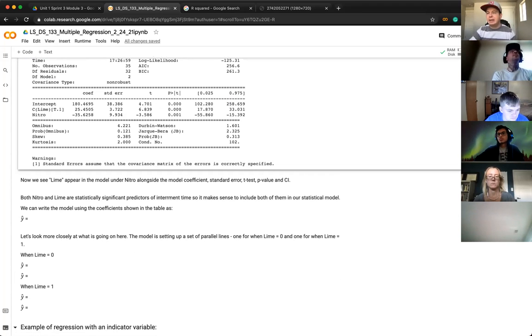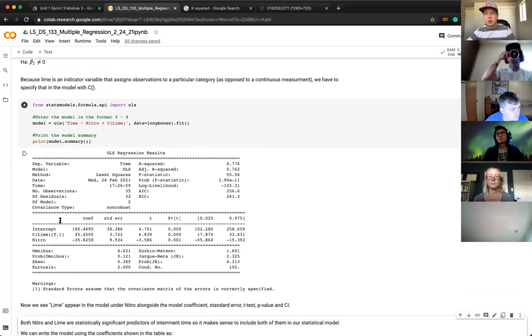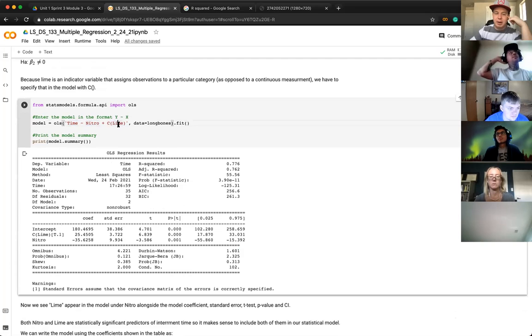So let's write out our model here. Okay. But one thing I want to mention that might get a little bit tricky, and something I want you to watch for on your assignment, is we included these variables in the order time, nitro, and then lime. But down here below, we have intercept, lime, nitro, right? They're not necessarily in the model summary in the same order that we provided them in the string up here.